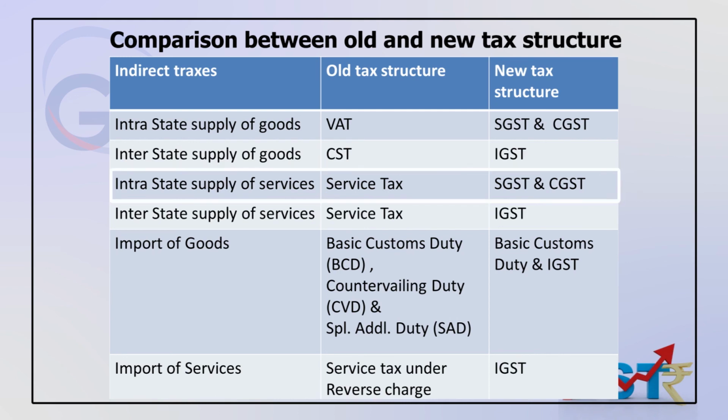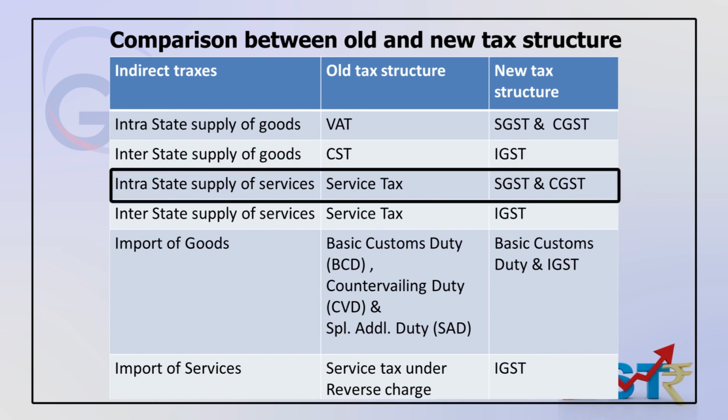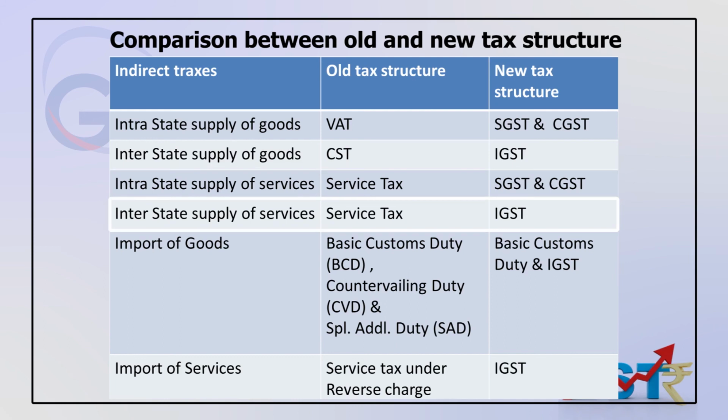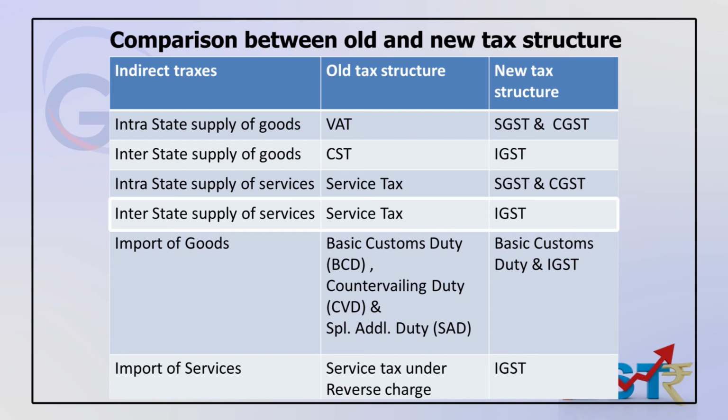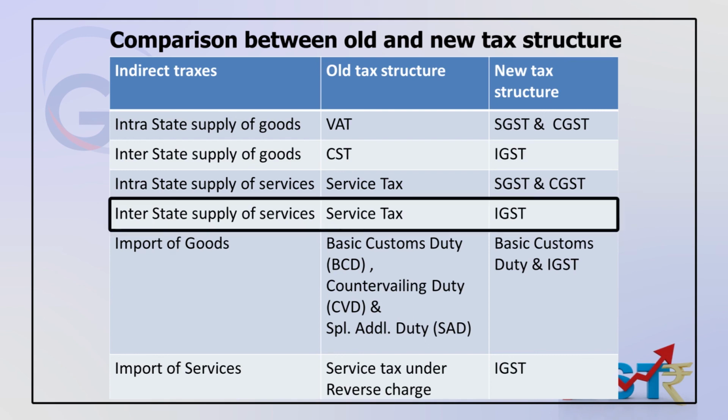Now it is GST. So, earlier it was service tax in case of intrastate supply of services, now it is SGST and CGST. In the same way, for interstate supply of service, service tax was levied earlier, now it is IGST, because interstate, the service is going from one state to another state. So, you have to consider the IGST.